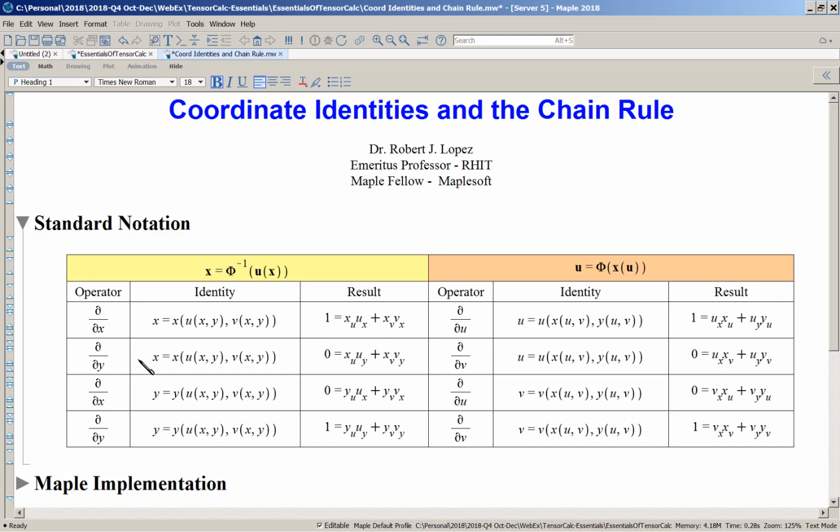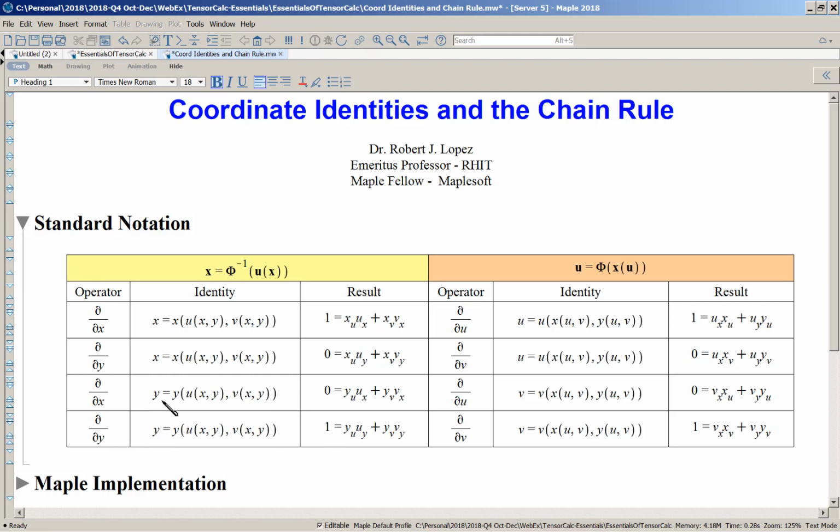When you differentiate that with respect to y, you get a 0. dx du, du dx, plus dx dv, dv dx. Down here, it's dx du, du dy, plus dx dv, dv dy. And down here, you differentiate the y statement with respect to x, you get the 0.